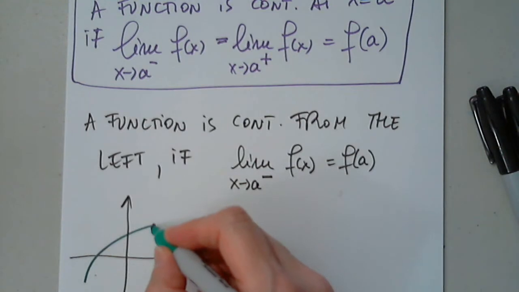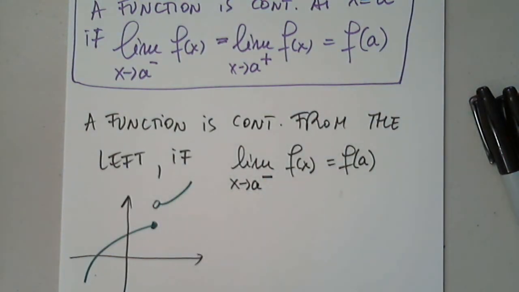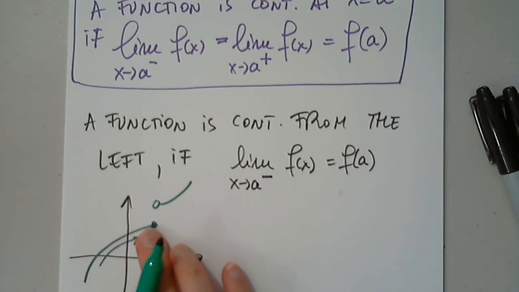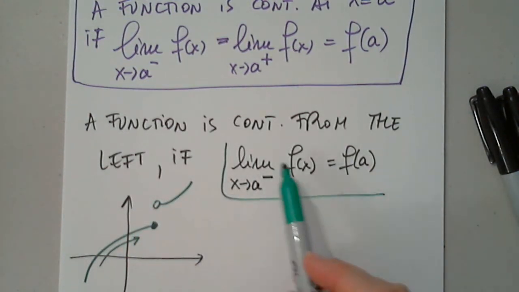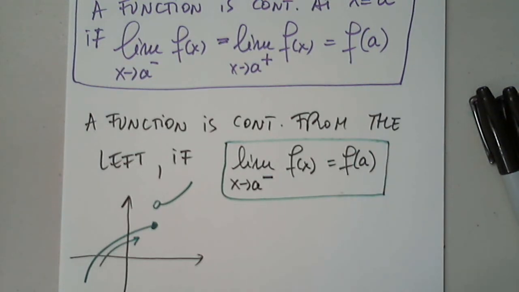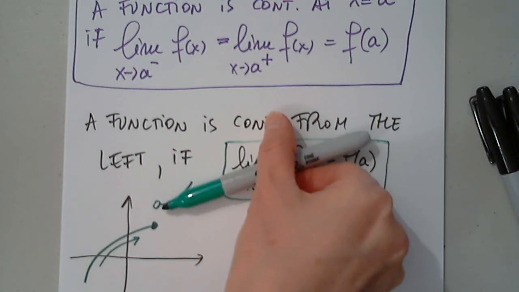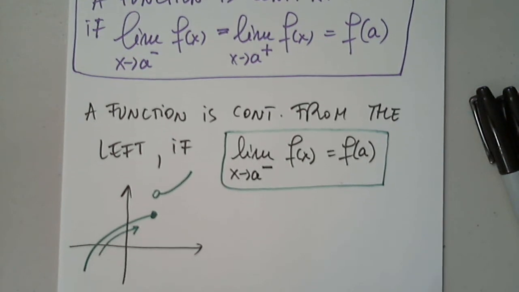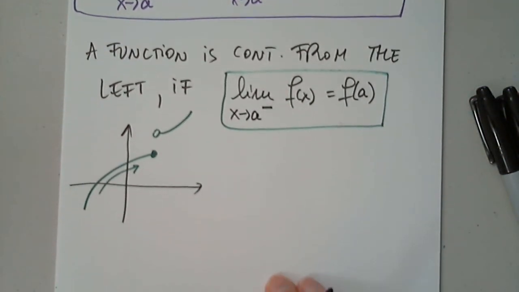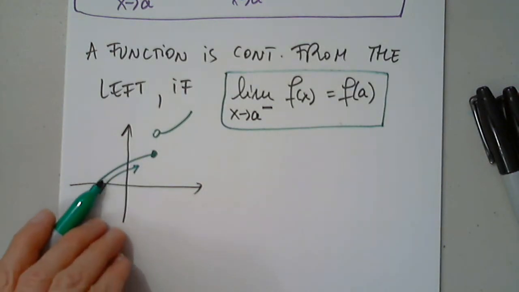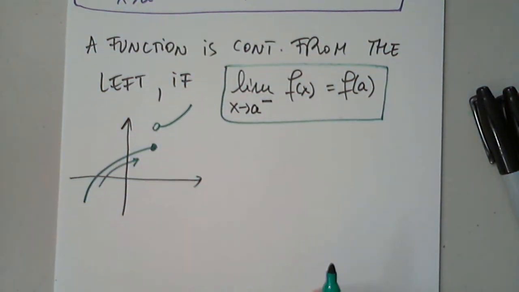Continuous from the left, because the tendency to approach this value and the function value at that point both exist and are the same. Is this function continuous from the right? No, of course not.